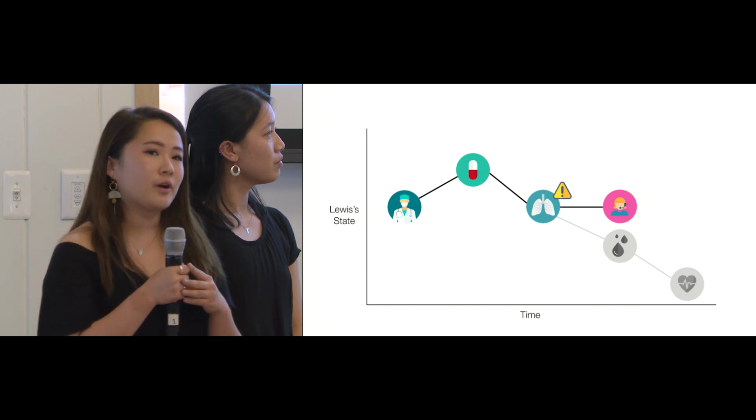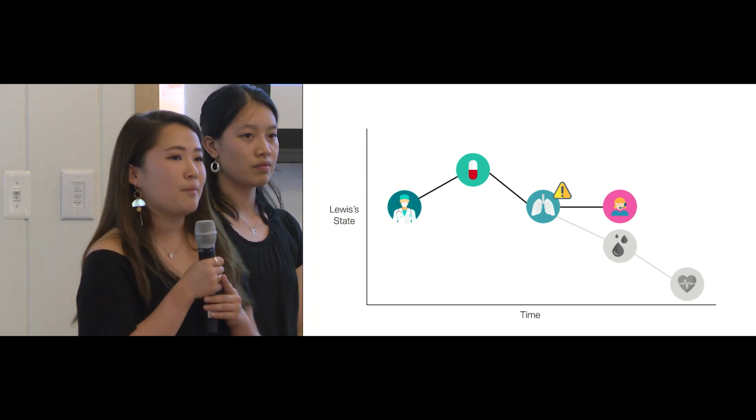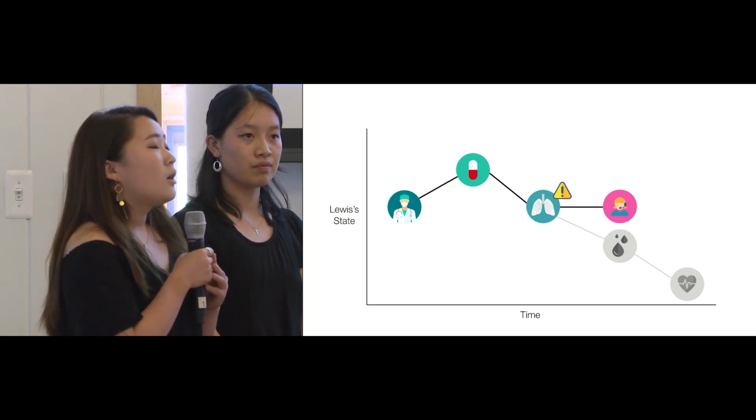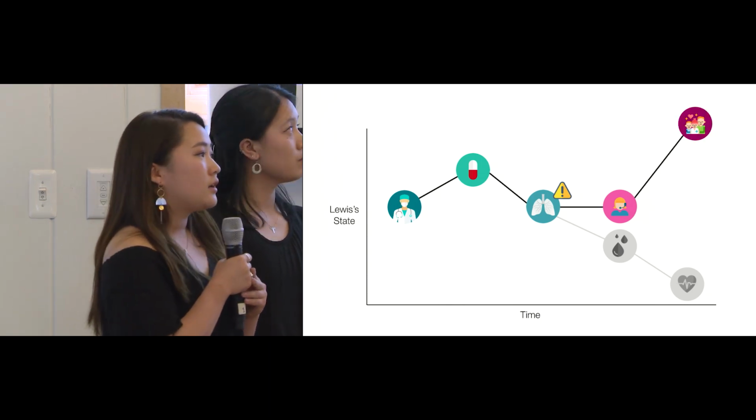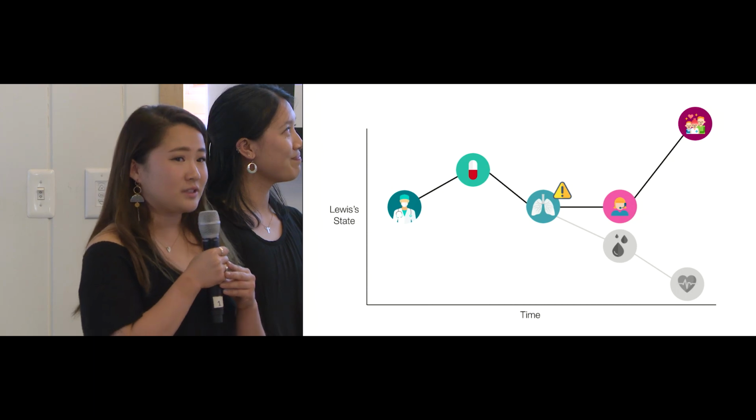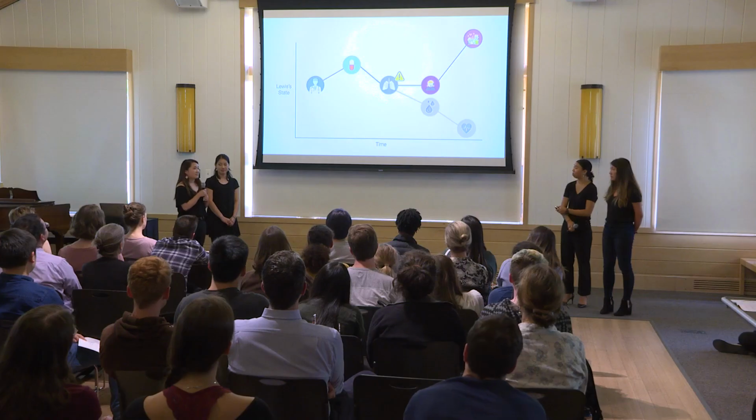So our hope for our solution is that by catching the problem early on, Lewis would have been able to improve his condition and avoid death and would have still been with us today.